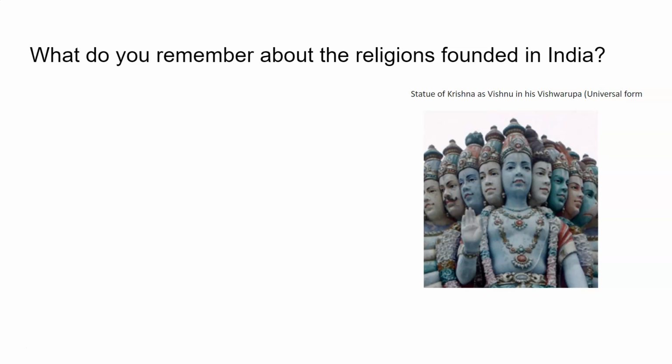First, we're going to start with a couple prompts. I'd like for you to think back as best you can to your 9th grade year when you learned about different religions and you learned about Hinduism. What do you remember about the religions founded in India? Here we see a picture. This is the statue of Krishna as Vishnu in his Vishwarupa form.